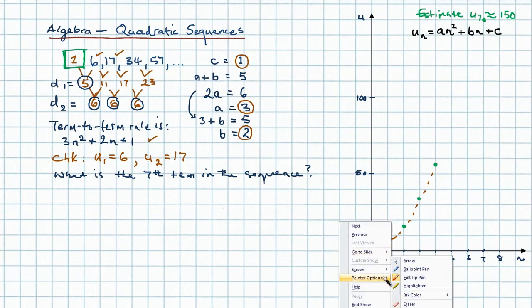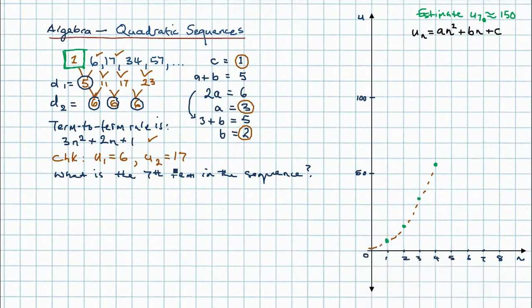Okay, and all we've got to do to answer this question and find out what it actually is, is use our term-to-term rule. So, what is the 7th term in the sequence? u7, u sub 7 if you like, is, so n equals 7, so 7 squared is 49, so 3 times 49, let's put that in brackets.